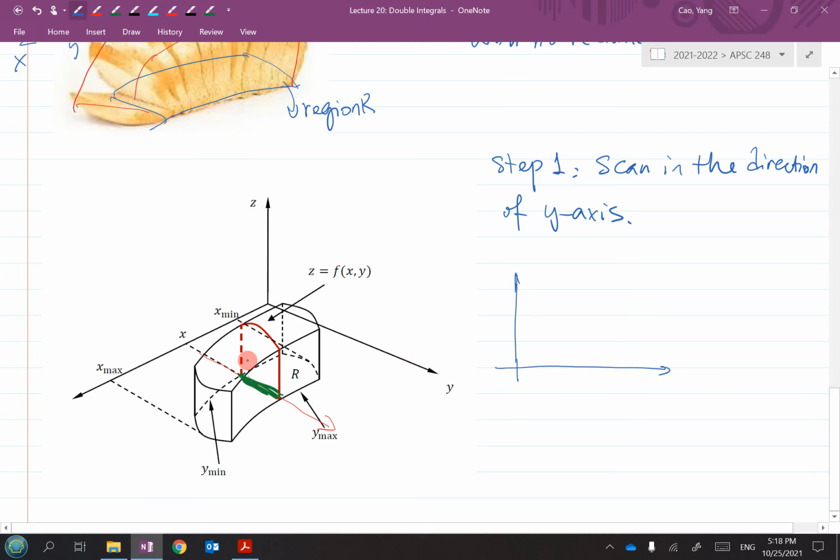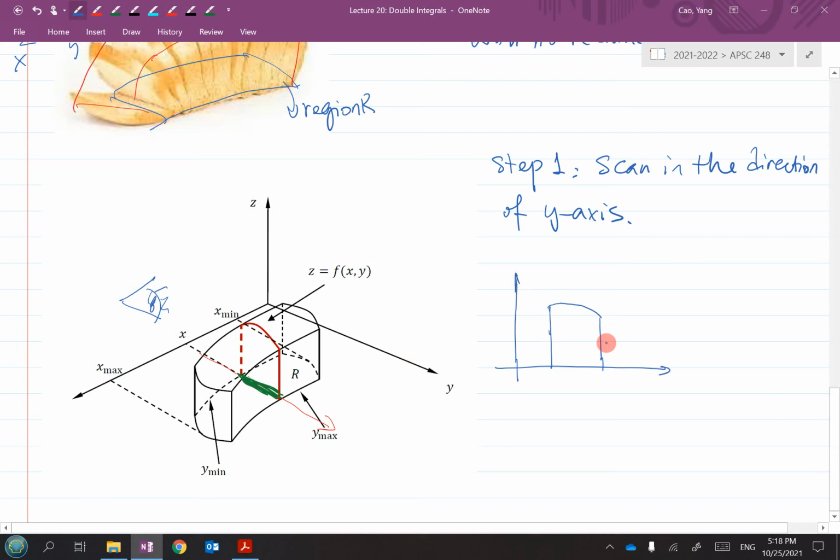If you look into the z-y plane there, you see a cross section like this. That's a result of the first step of scanning.